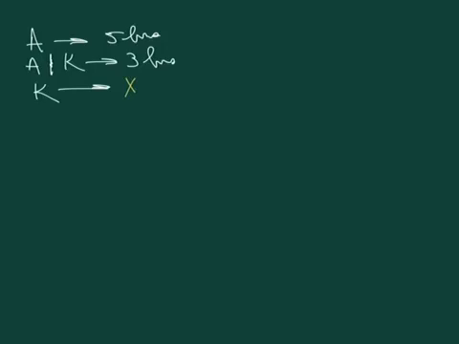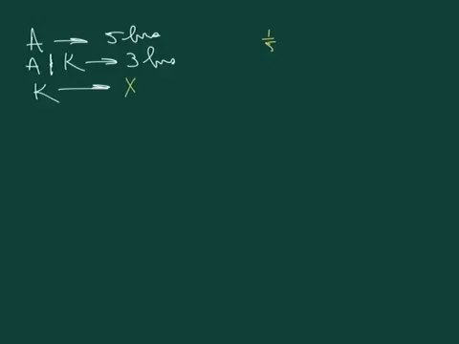If Allison, I'm looking at step 1, if Allison can clean the house in 5 hours, then in 1 hour, how much of the house does she clean? 1/5 of the house. Because if it takes her 5 hours to clean the whole thing, in 1/5 of that time, she can clean 1/5 of the house.